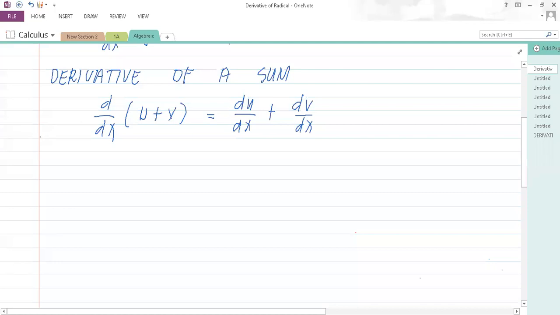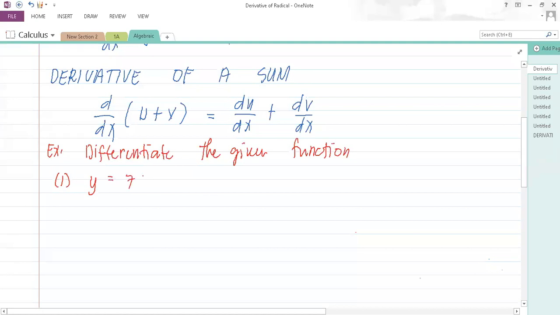So let's have an example for the derivative of a sum. Let's differentiate the given function. Number 1: y is equal to 7x plus 1. We use the derivative of a sum.